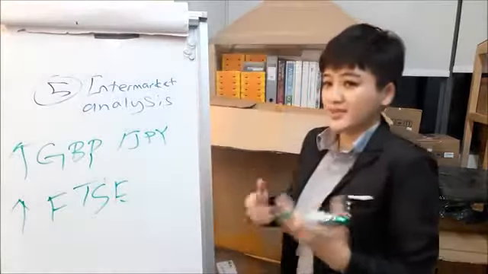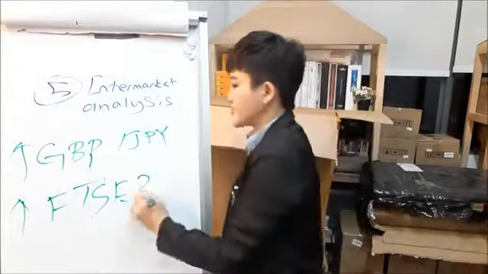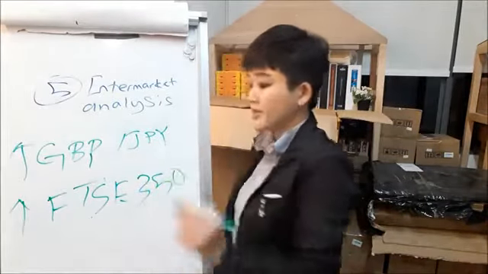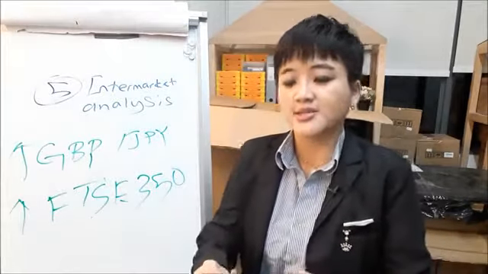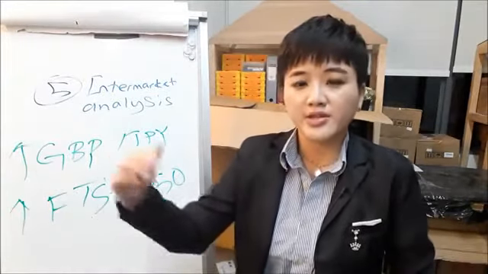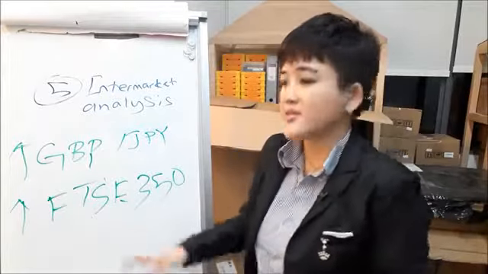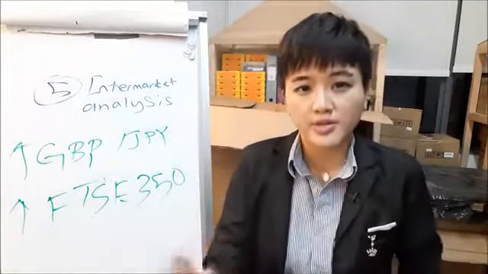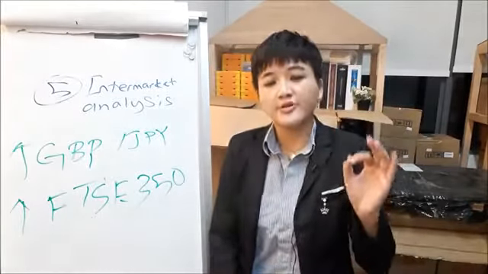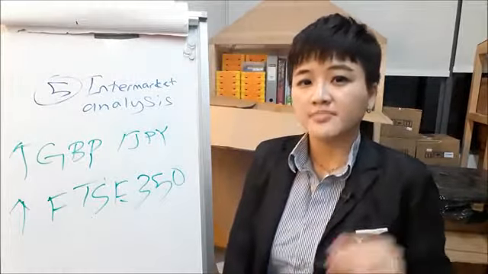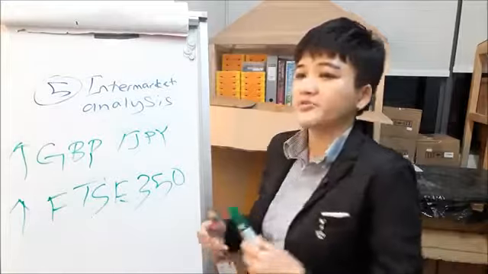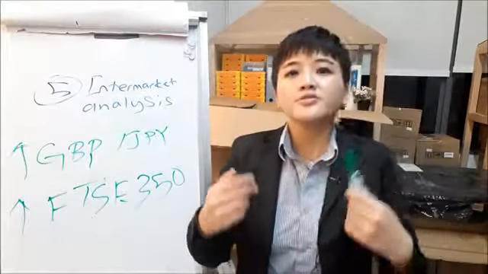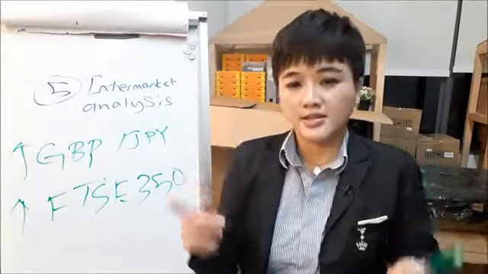A more representative index would be FTSE 350 because it is a combination of FTSE 100 and FTSE 250. This is a better sample size as compared to FTSE 100, which only comprises 100 UK stocks measured based on market cap. If you're trading Canadian dollar, then you should look at the Canadian stock market.